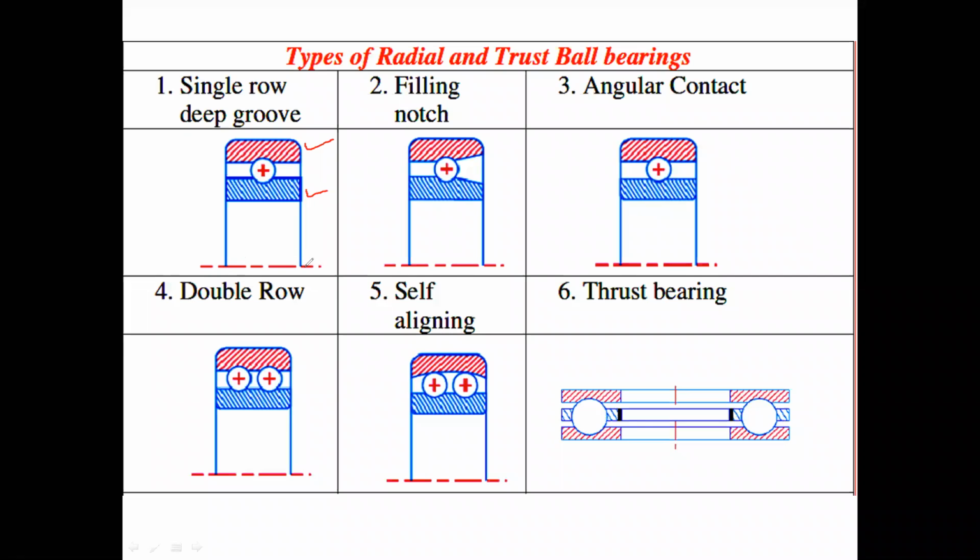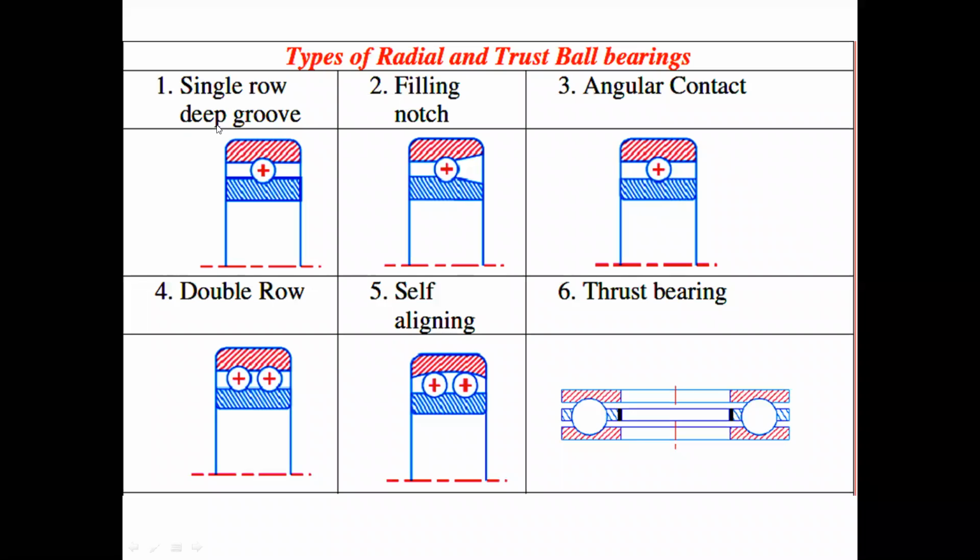Here the half portion is shown. This is the axis about which the bearing is rotating. So in that, different types of ball bearings are possible. We'll see one by one what those are.